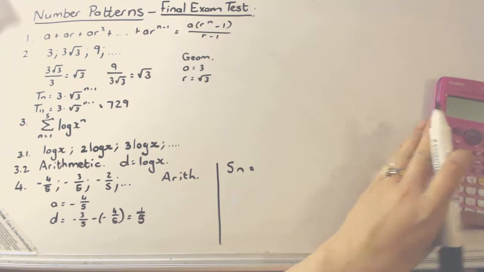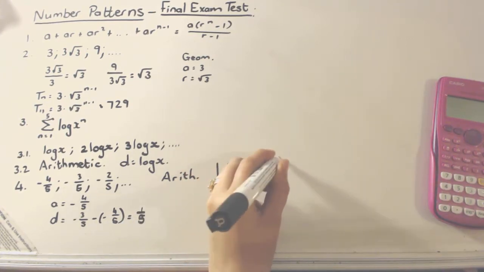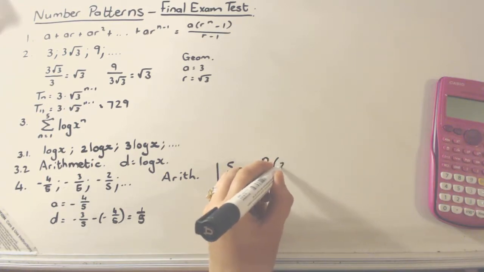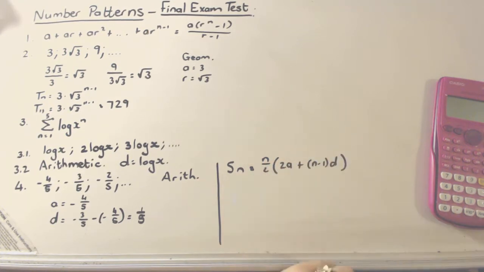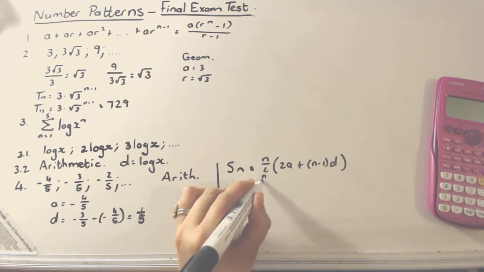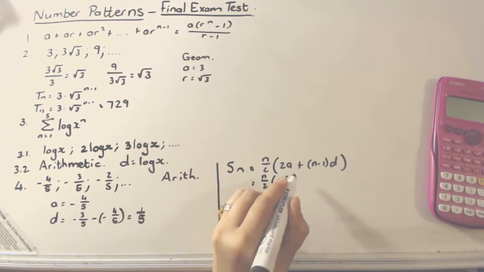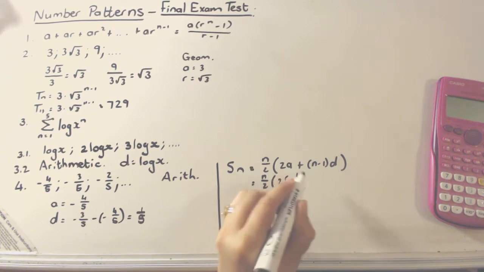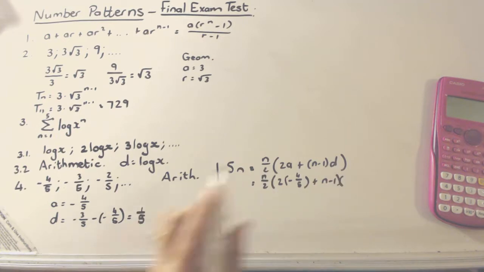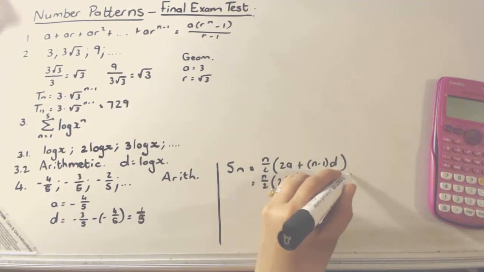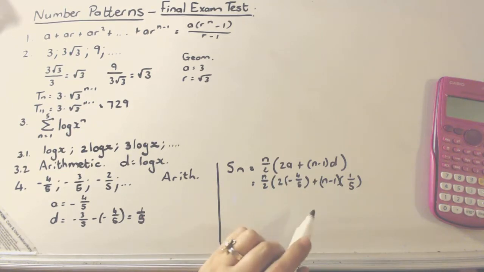Sn is equal to n over 2 times 2a plus n minus 1 times d, with n over 2, with a is minus 4 over 5, and n minus 1, my d value is 1 over 5, and then I must just simplify this a little bit.